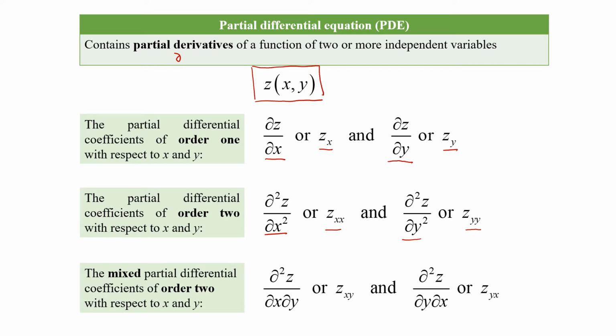The last one is the second order partial derivative with respect to x and y, meaning that we will differentiate z with respect to x, followed by the differentiation of dz over dx with respect to y. Or we can write it as z sub xy. And this is the second order partial derivative with respect to y and x, or we can write it as z sub yx.